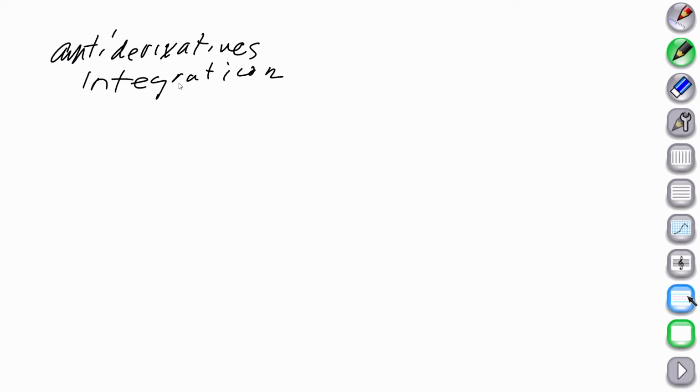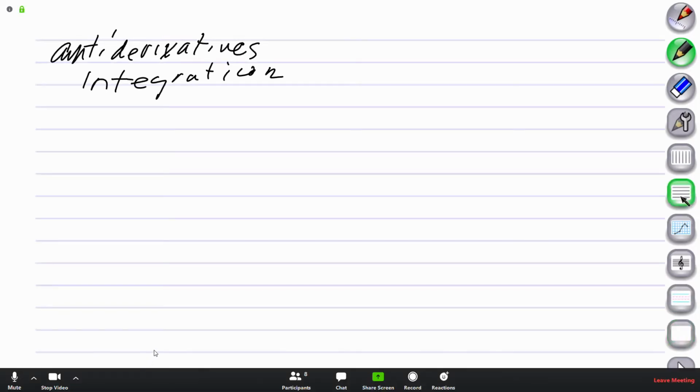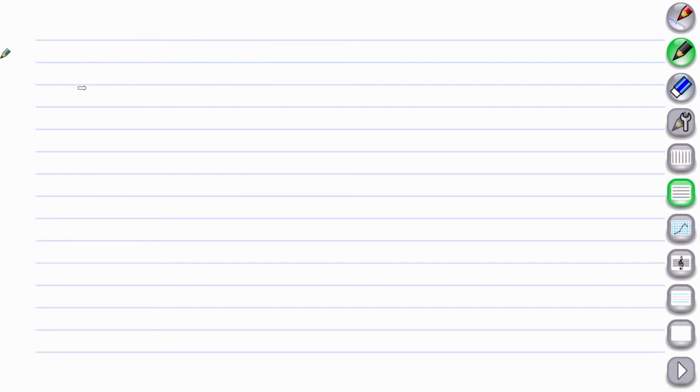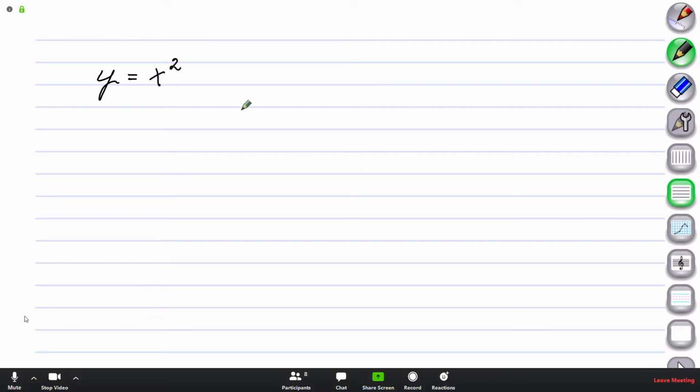So I'm going to go to some line paper because maybe I can write better. Okay, so I'm going to erase this off. And let's say we had this problem here. Let's just make it simple. X squared.